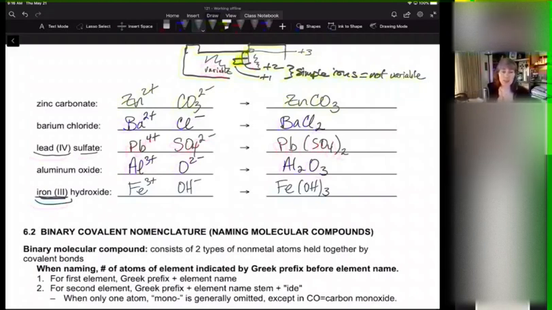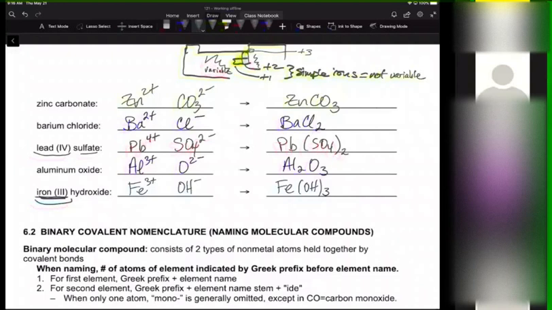So that's ionic naming, metals with nonmetals. If it's a metal with a nonmetal, or polyatomic ions in the formula, or a name that ends in "ate" or "ide," those are going to be ionic compounds, and they follow the naming rules we've been working with here.